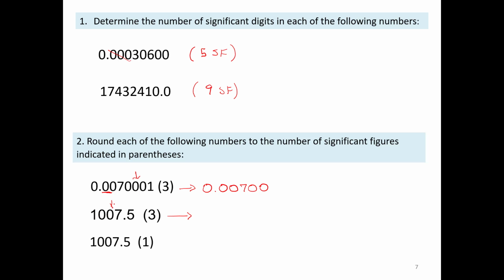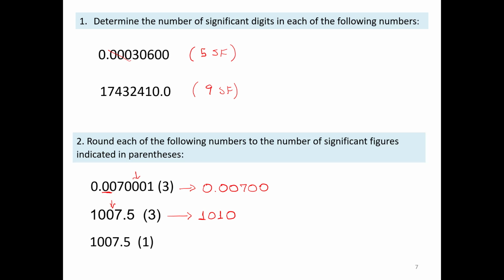This is the number we need to round. This 7. And because the next number, 7, is greater than 5, we need to round up. What to do is add 1 unit here. Then we do 1. And we write zeros for the other numbers.